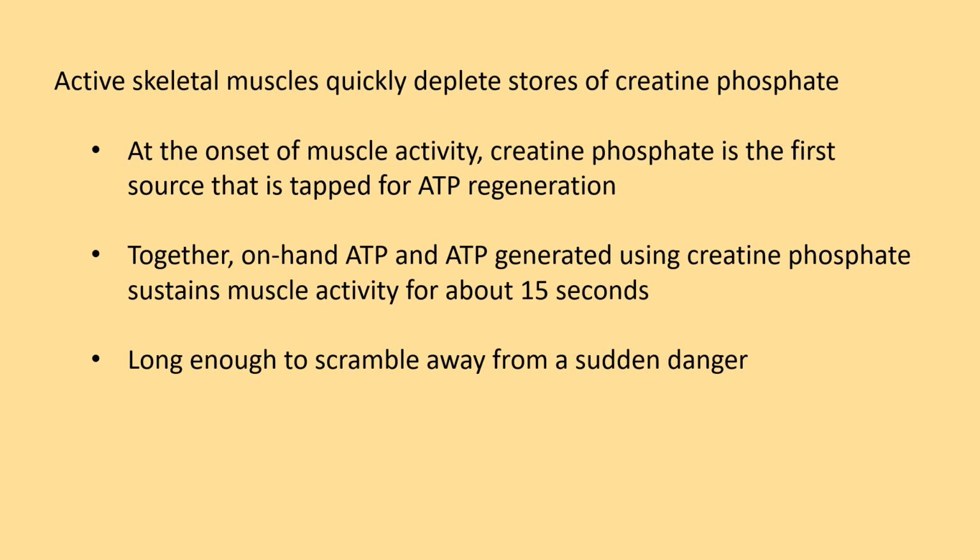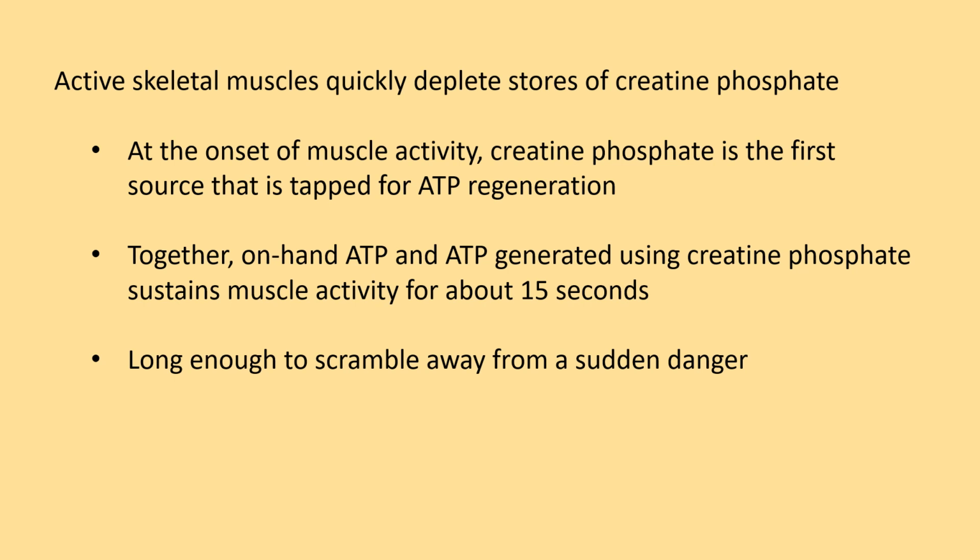And for most of human evolutionary history, there were dangers about. And so that 15 seconds of security in terms of ATP production in our muscle cells will be enough for you to scramble up a cliff before falling. It might be enough for you to climb a tree and avoid a predator.